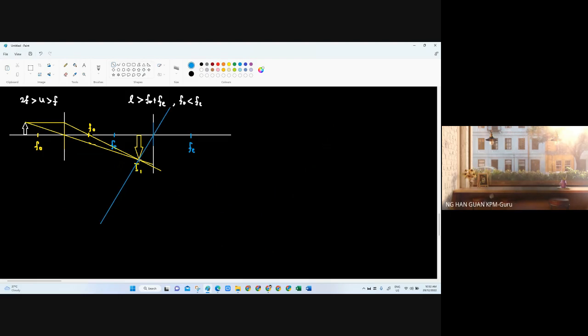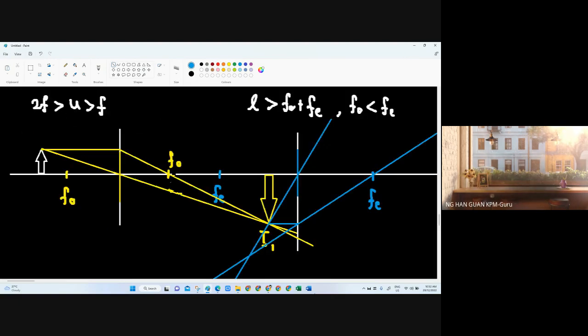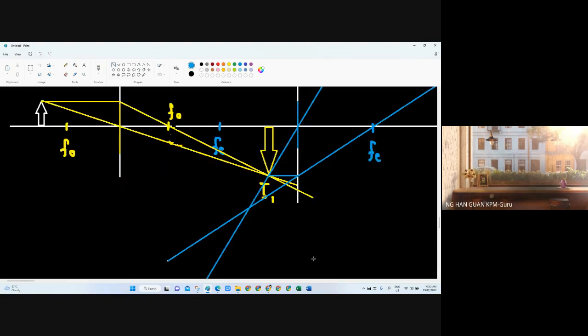Second, from here parallel with the principal axis, and after that go through the focus point, and we extend it. So the final image is here.